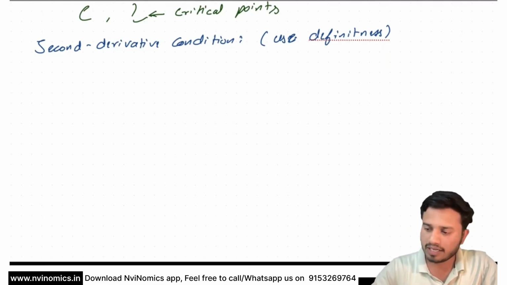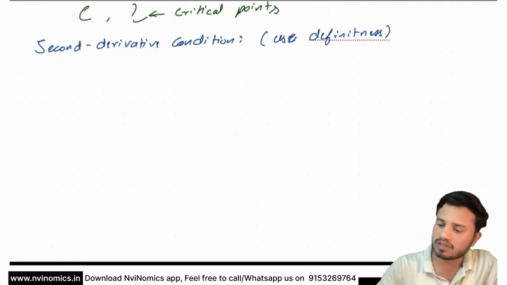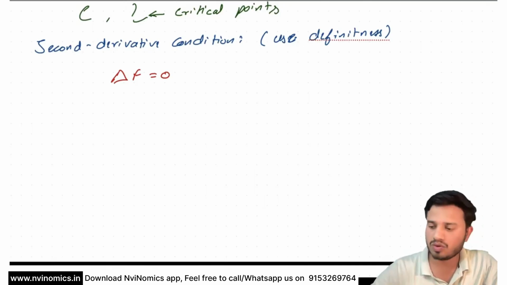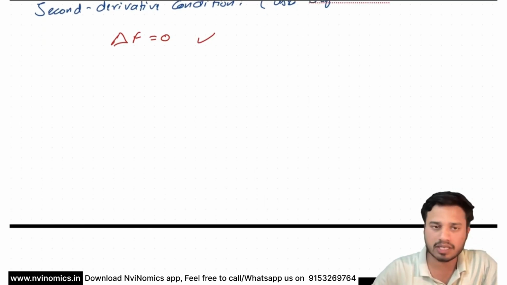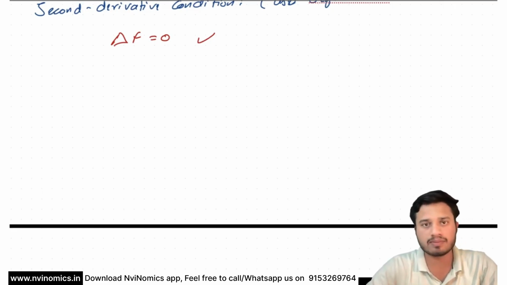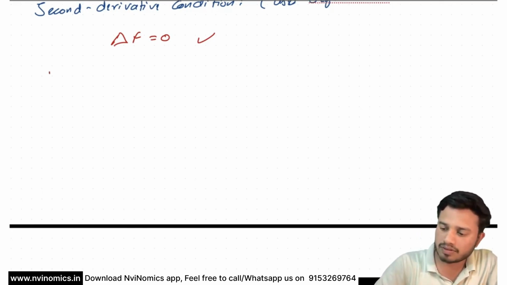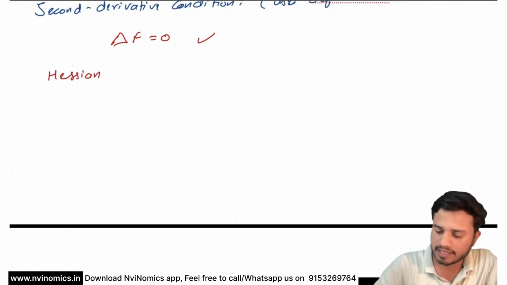You have done this, you found the critical points. Now you have to check if it is a point of maxima or a point of minimum. So we will make a matrix which is known as the Hessian matrix.